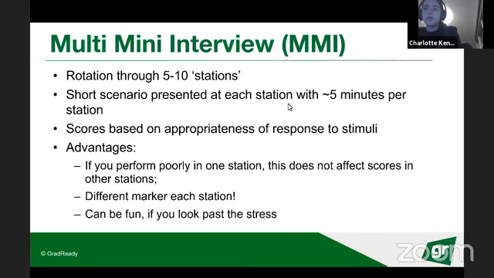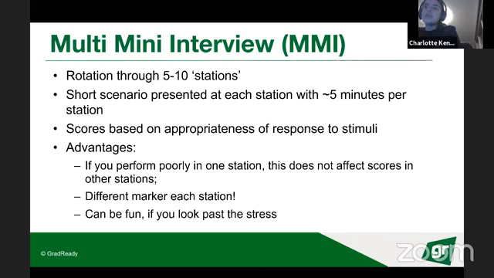We're not really sure how it's going to work. But the gist of it is that at each different station, you'll be given a short scenario or a prompt or a question, and you'll be given about 5 to 8 minutes, depending on the university, to answer this. There are sometimes follow-up questions to this initial prompt, so you want to make sure that you've got your timing okay.